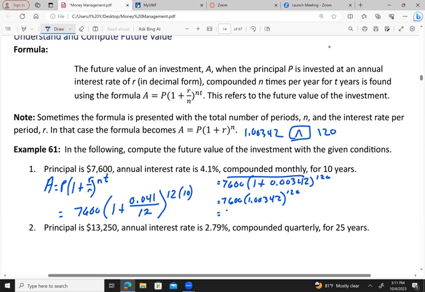So now I have 7,600 times 1.50637, and again, I'll go 5 decimal places. So 7,600 times 1.50637, and we end up with $11,448.41. Since it's money, we rounded to 2 decimal places.